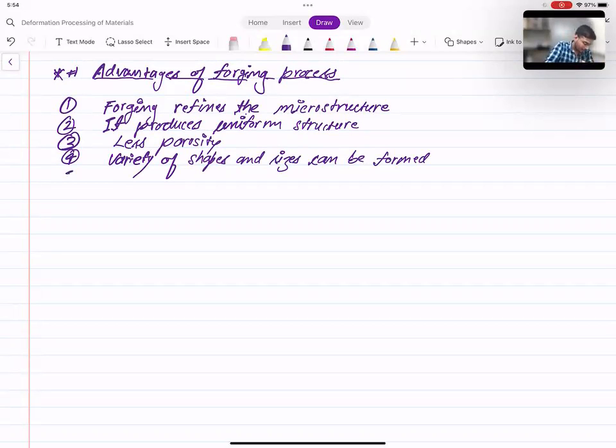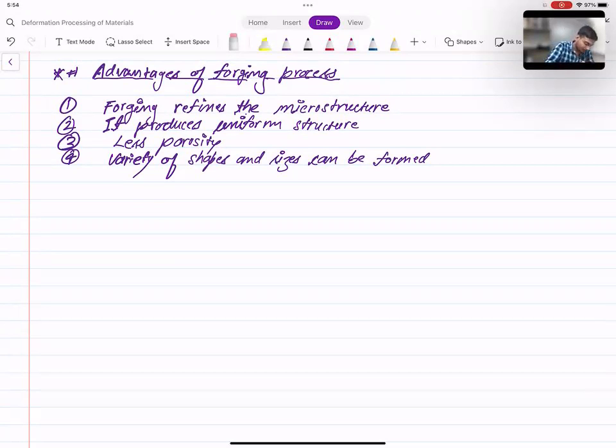In fact, the shape and sizes you can correlate with an example, like the wheels of railways and large gears, etc., are made using this process only.